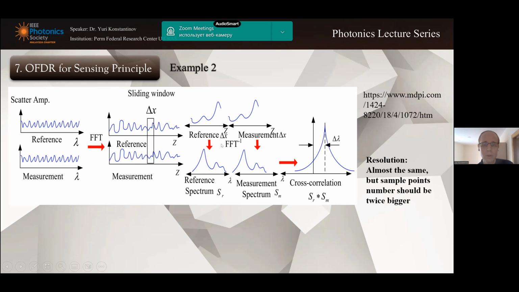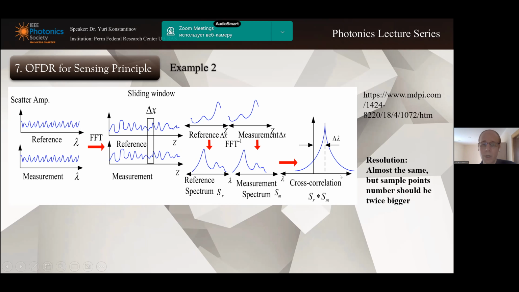So we provided the inverse Fourier transform in these windows, and after that we provide the cross correlation between two of these obtained data arrays, and we can see that these spectra do not strictly fit each other.